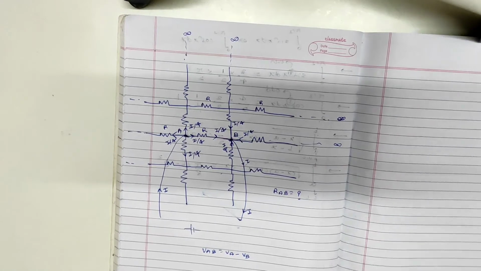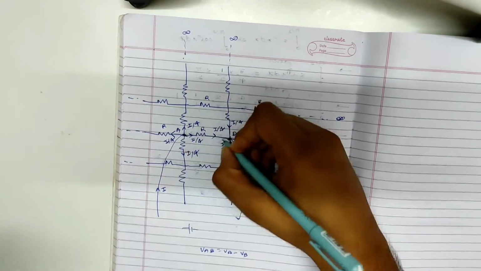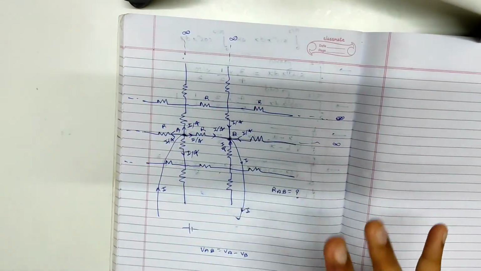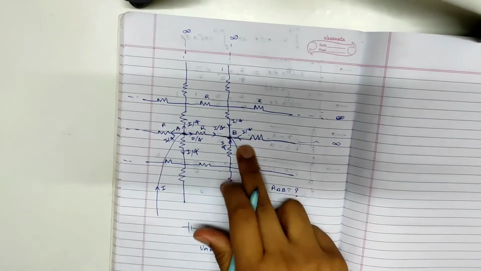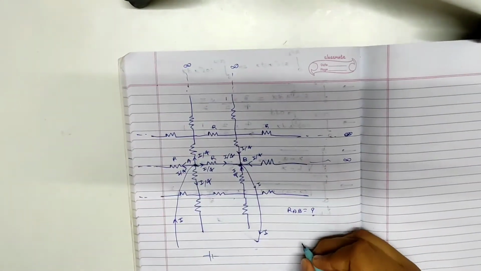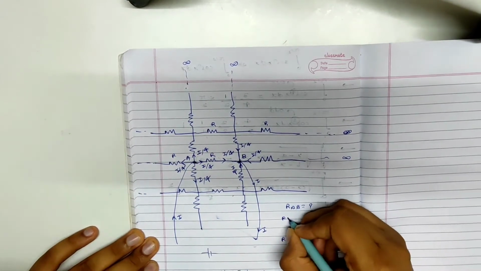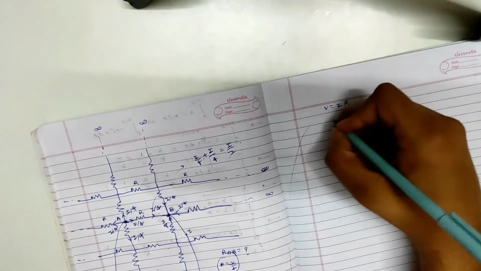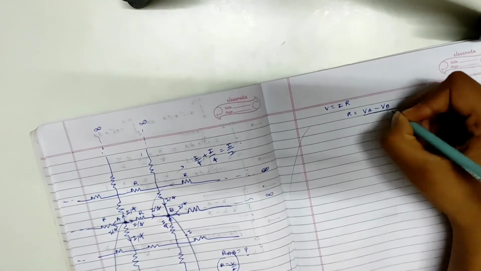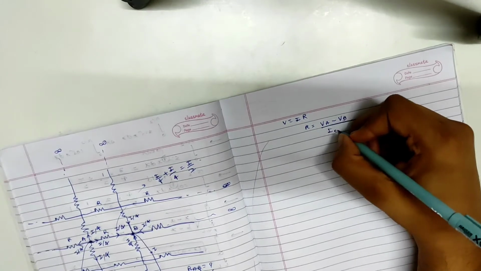Now consider this part A, B only, don't see other things now. We know that R is generally V by I. So R equals V_A minus V_B divided by I total.